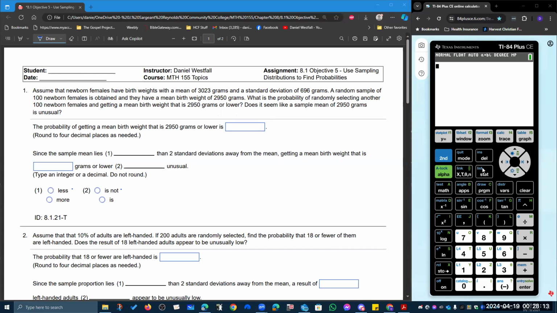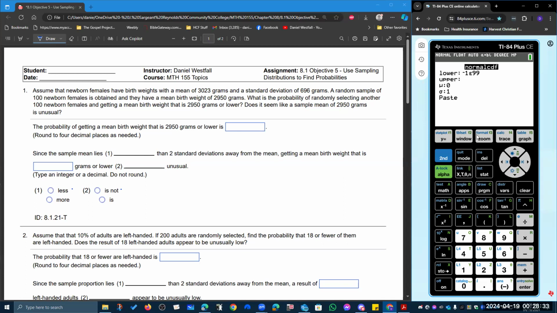So let's go ahead and show you how to do this with technology. We're going to go into our second distribution menu, and we're going to use normal CDF. We're doing lower than, so I'm going to use this number to represent negative infinity.